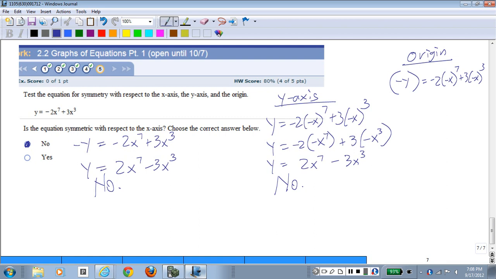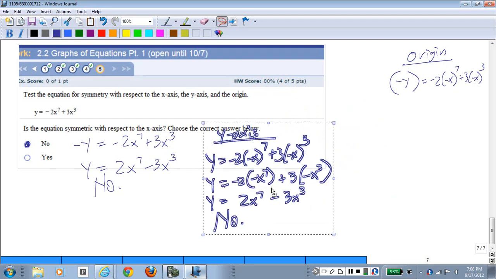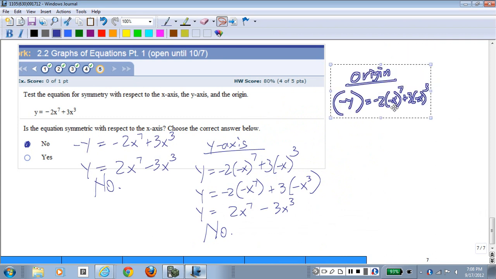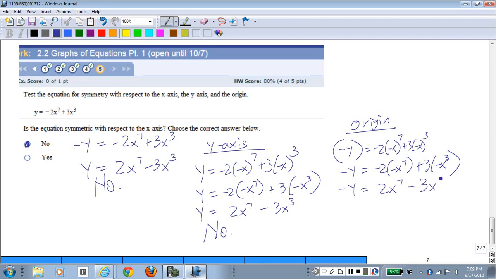Now what we can do is just go through the same discussion as to how we simplified this, how we simplified the right-hand side, because the right-hand side, when we were checking for y-axis symmetry, is pretty much identical to the right-hand side here. So simplify the same sort of way. This is negative y equals negative 2 times the negative of x to the 7th plus 3 times the negative of x cubed. And so negative y equals 2x to the 7th minus 3x cubed.